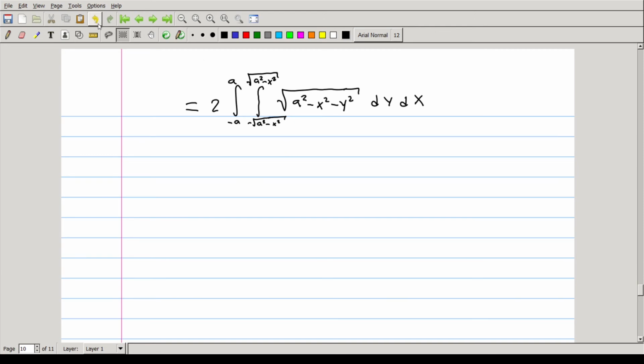But in order to go through and do this in Cartesian coordinates, you first have to do a proper u substitution. And because we've chosen y as our iterated integral, this is going to be a proper substitution for y.